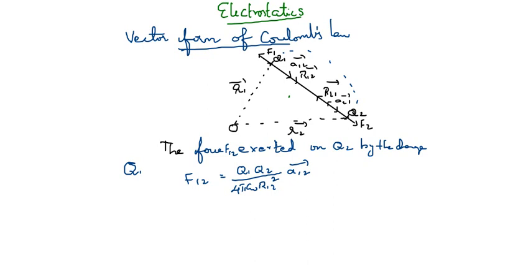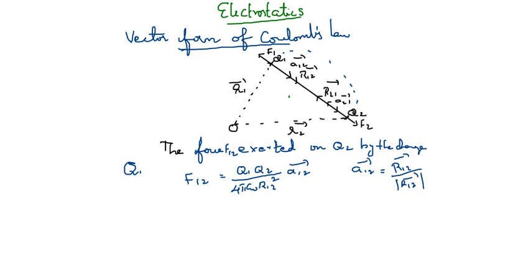This unit vector A12 is equal to the distance vector R12 divided by the modulus of R12. As we know the unit vector formula, apply it here.